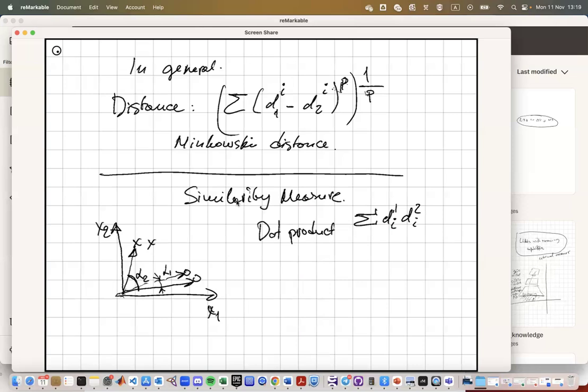So this is the definition of the dot product: the sum of pairwise products of the coordinates of the vectors.